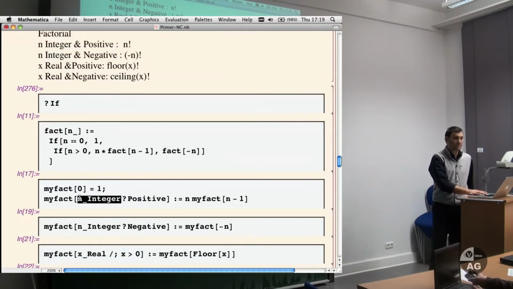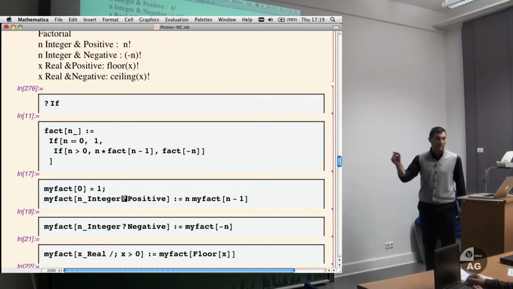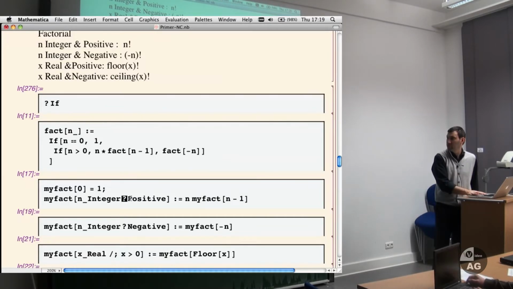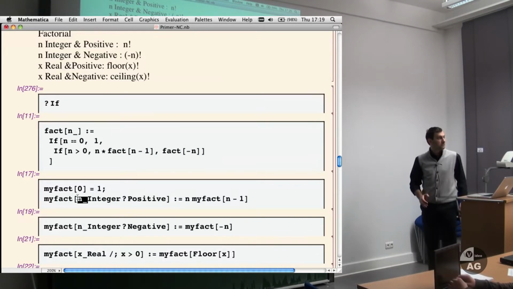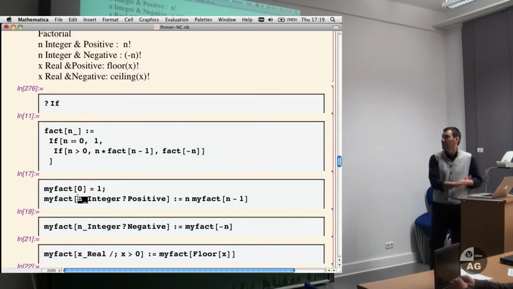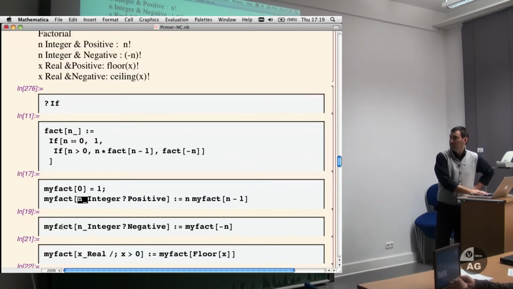It's a pattern. Then there is a condition, a test on the value. So this positive is a function that operates on whatever is matched by the pattern. Is that a question? No, okay. So vice versa, if n is an integer but it's negative, let's just call my factorial of minus n.